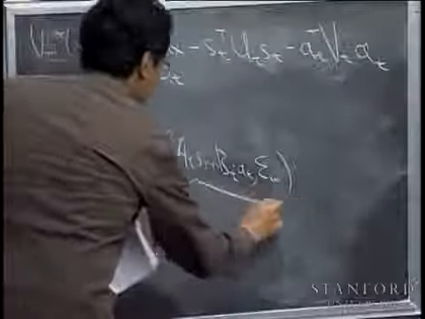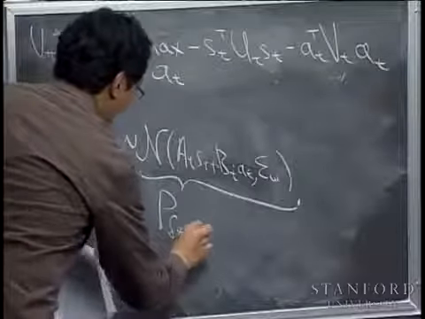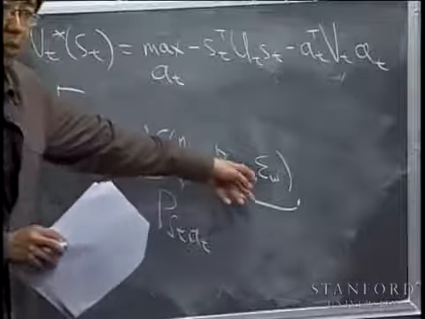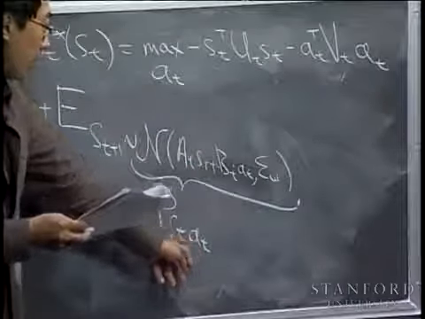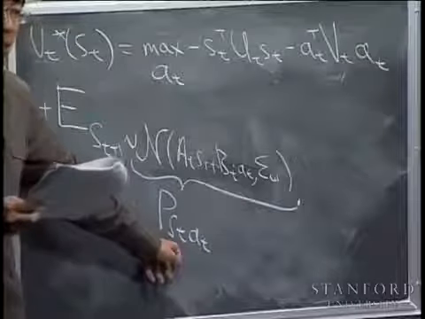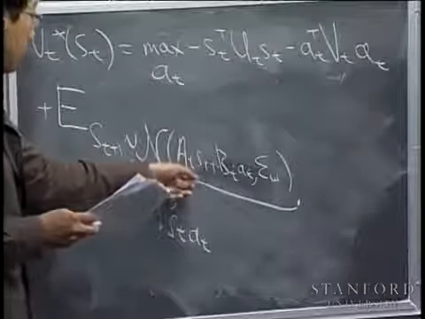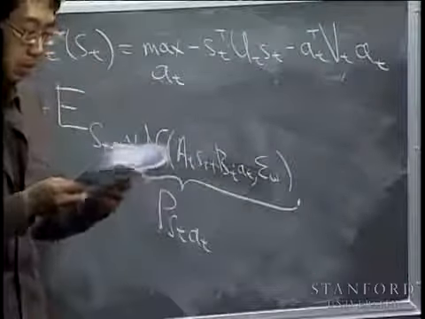So this is really my specification for P of st, at. This is my state transition distribution in the LQR setting. This is my state transition distribution if I take action at in the state st, and then my next state is distributed Gaussian with mean A_t s_t plus B_t a_t and covariance sigma w.